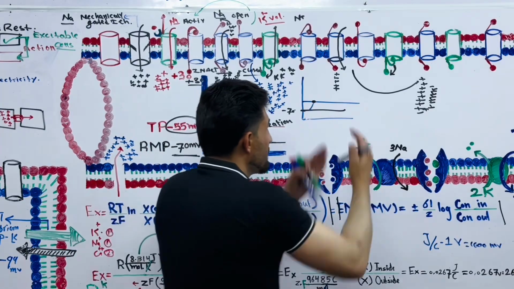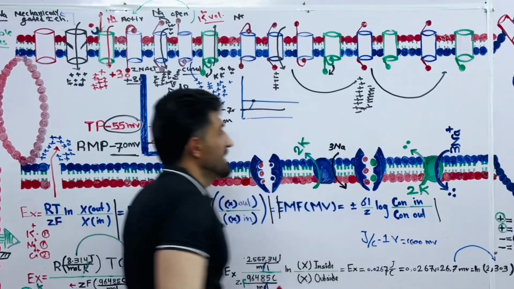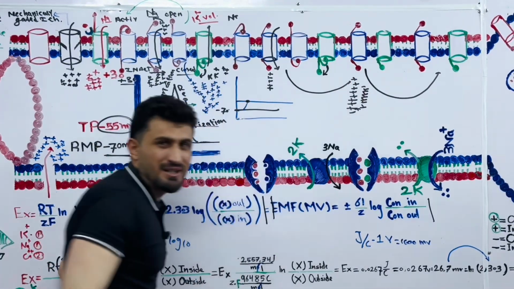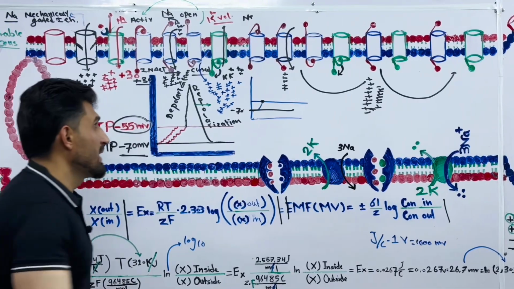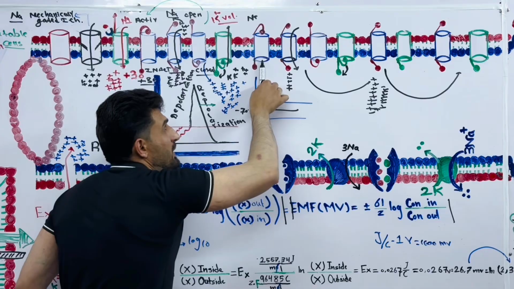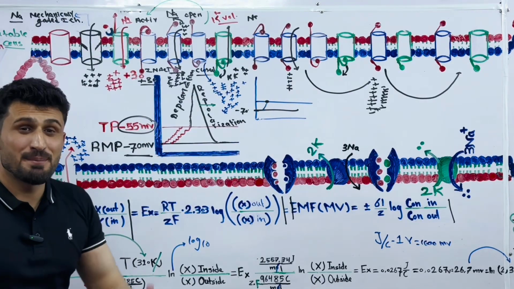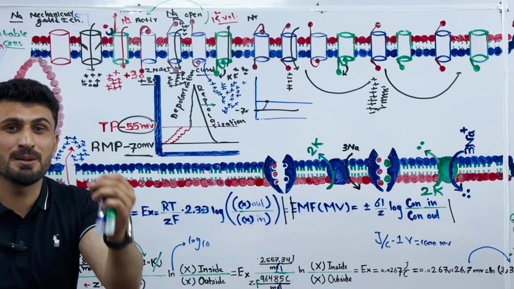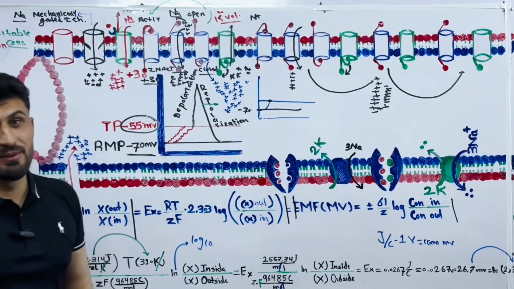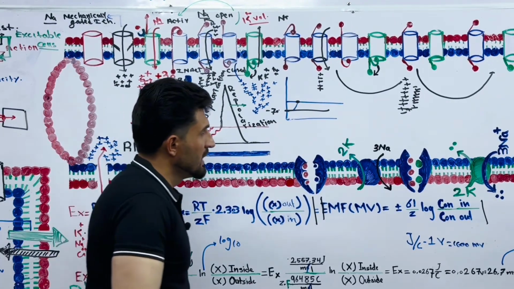This is called propagation of action potential. Always, propagation of action potential is forward, not backward, because the back area is at absolutely refractory period. This is why these sodium voltage gated ion channels are so important.